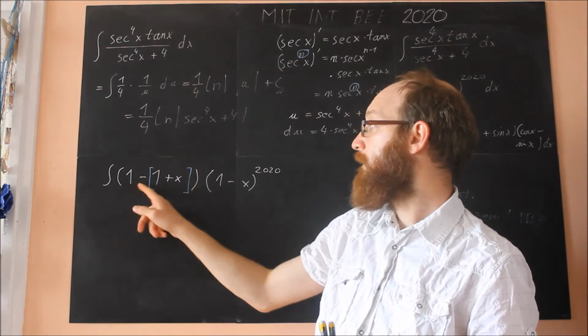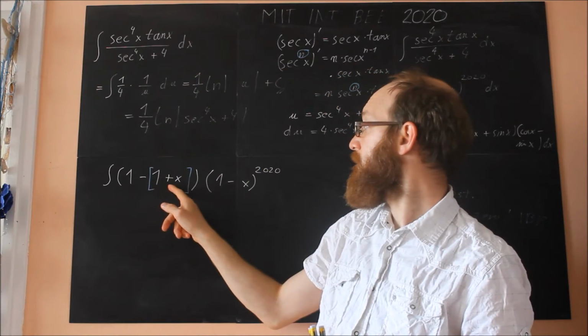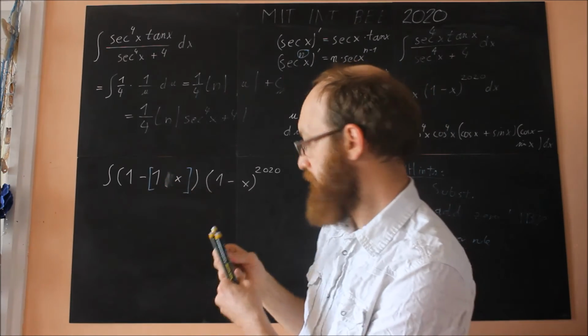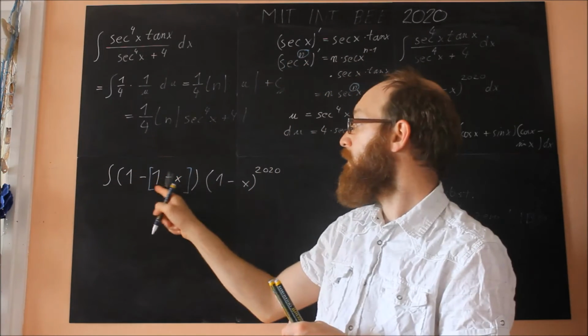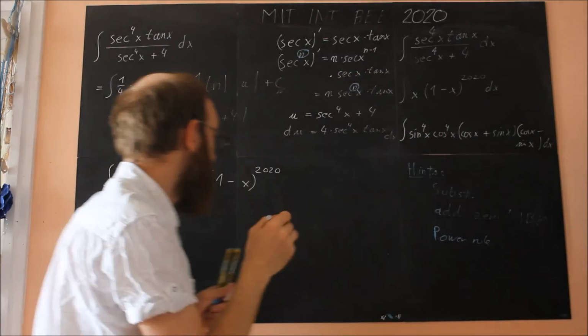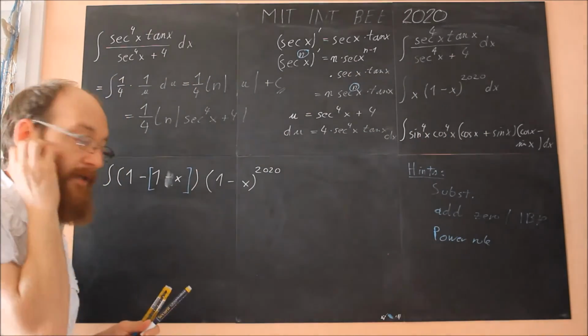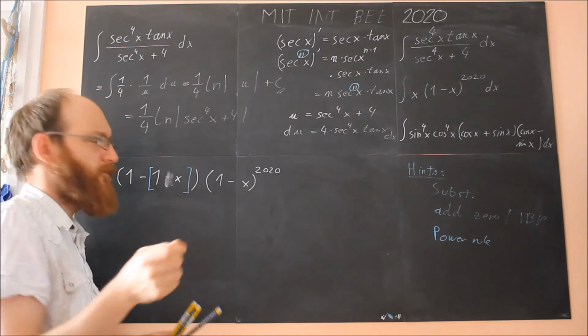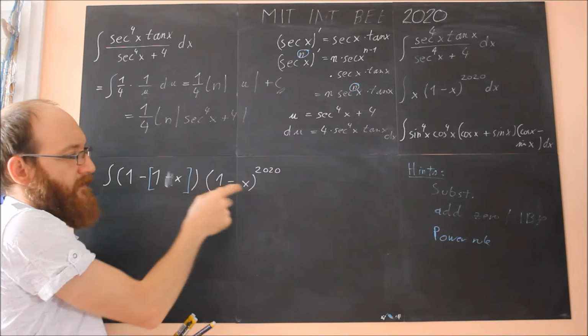So 1 minus 1 plus x is exactly x, so we added a 0, okay? And what is my motivation for that? My motivation for that is this 1 minus x.